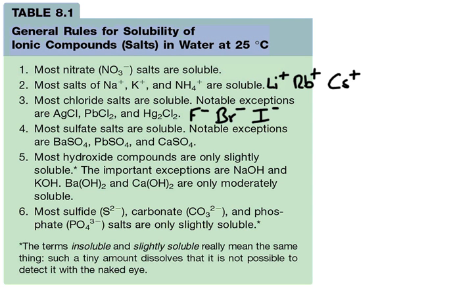Now, with number 3, it says most chloride salts are soluble, with notable exceptions, meaning these particular examples are not soluble in water. Those being silver, lead 2, and mercury 2.